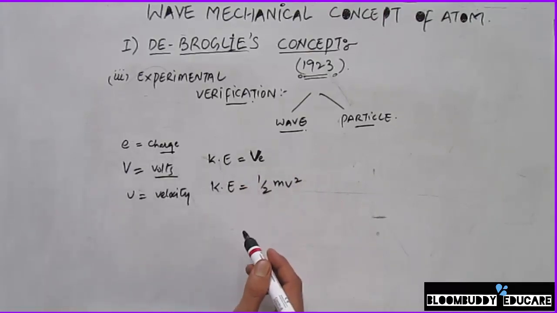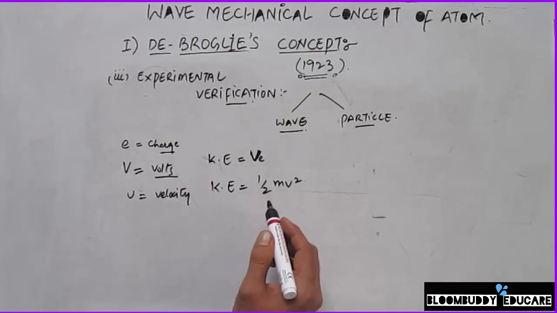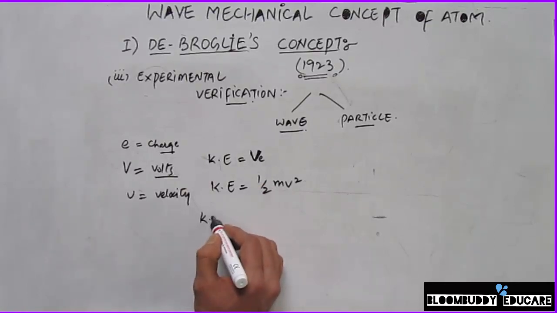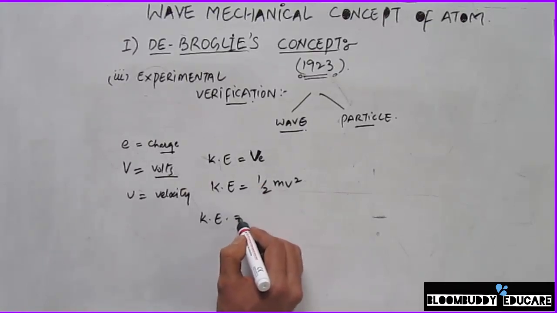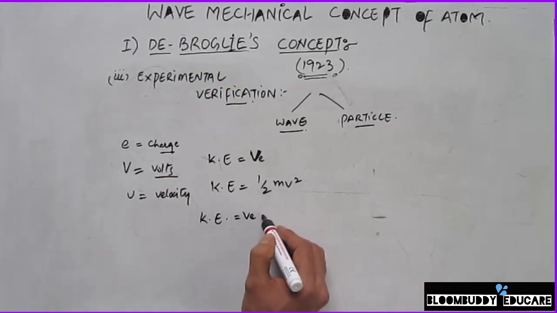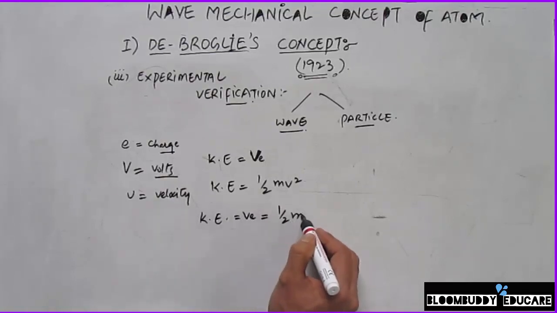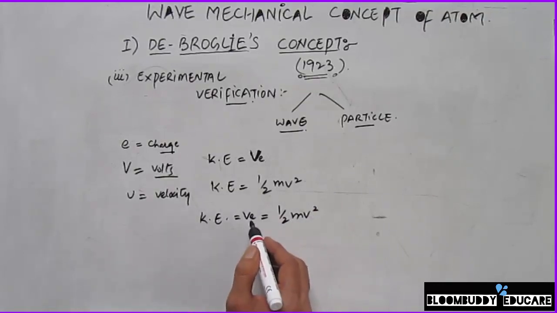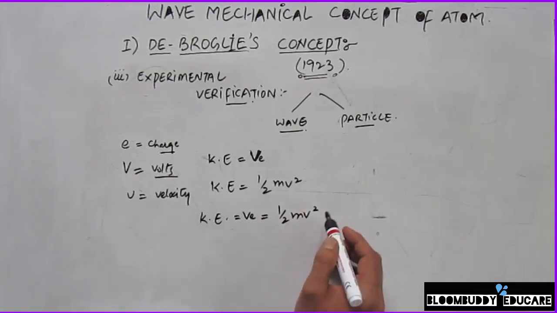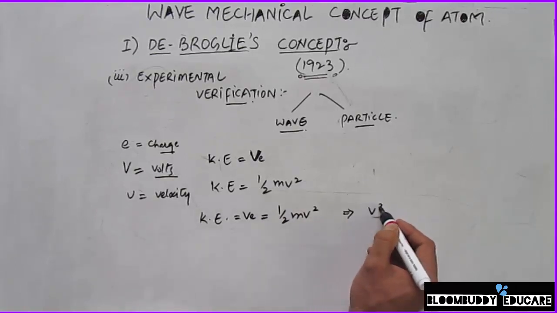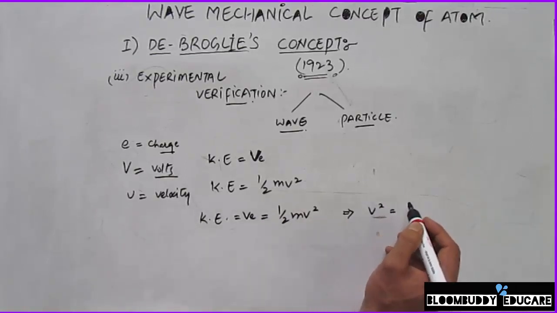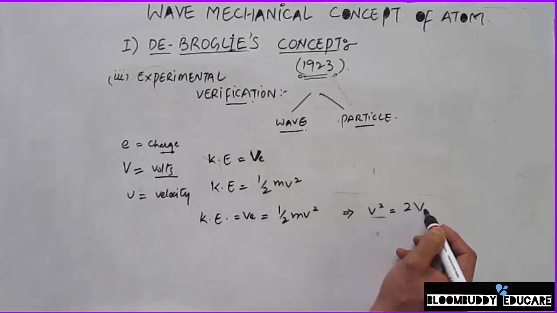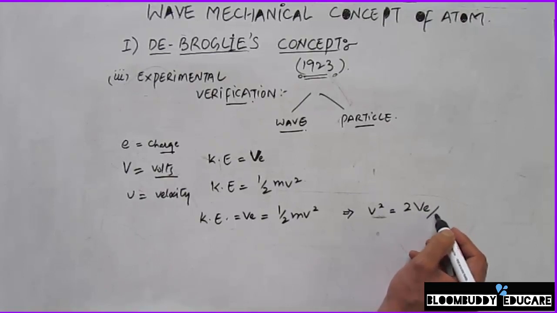That means that the right hand sides are also equal, which clearly indicates that the kinetic energy is equal to VE, which is equal to half of mv square. If I try to calculate this velocity v here, at that point of time, the small v square is going to be equal to twice capital V divided by m.